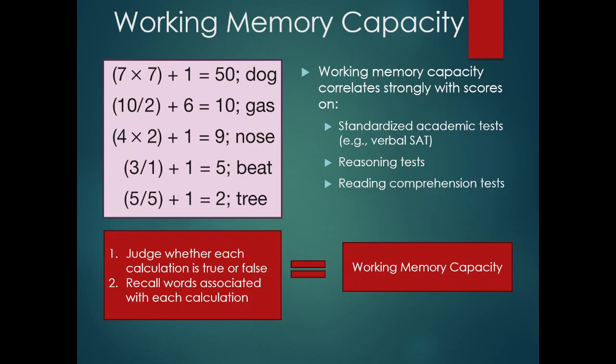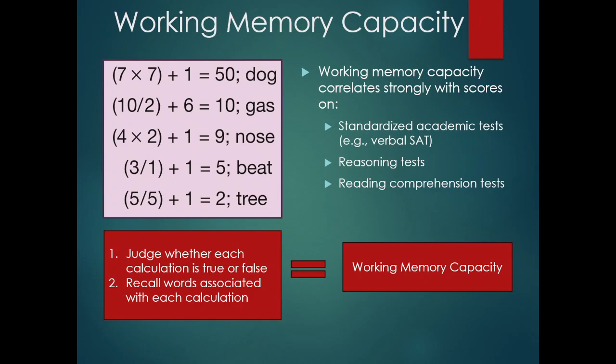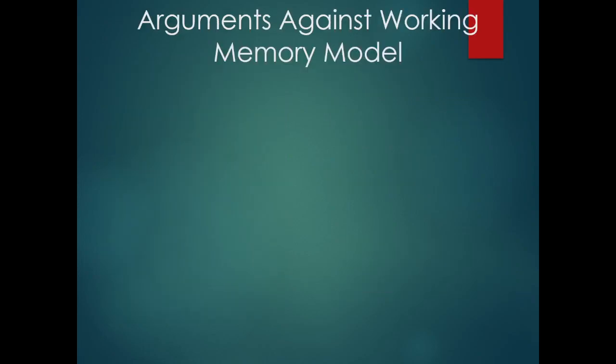And then reading comprehension tests, right? Reading probably occupies working memory. And so if you have a bigger working memory capacity, you probably can understand what you're reading better. So these are all examples of how working memory is correlating with real world measures of these different kinds of skill sets. So it's kind of an argument in favor of working memory as a model.